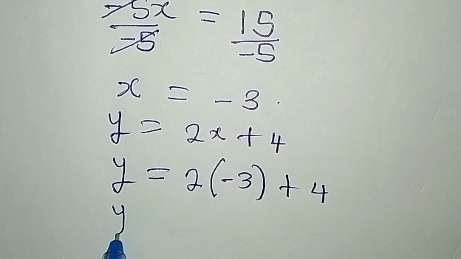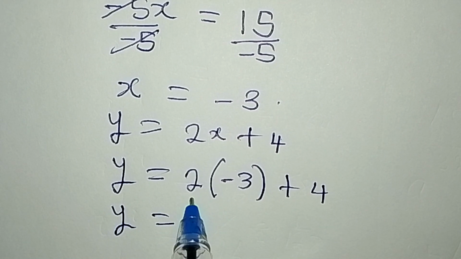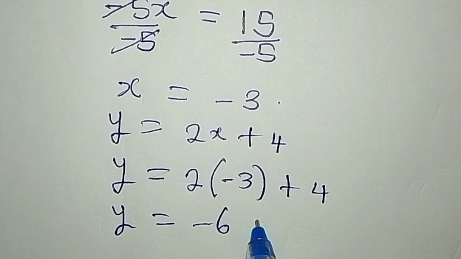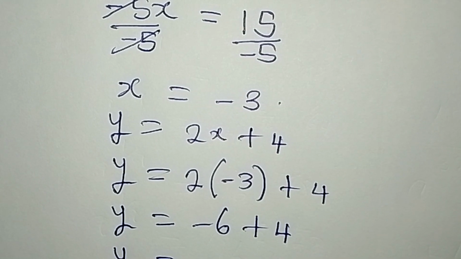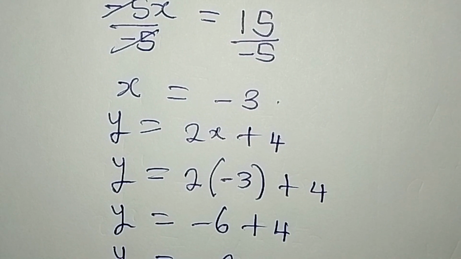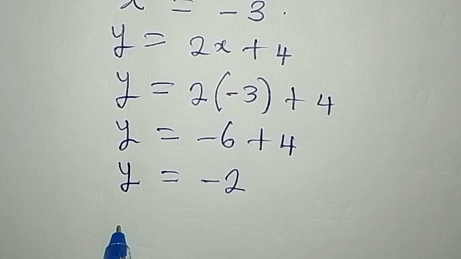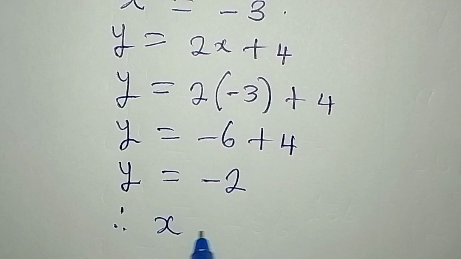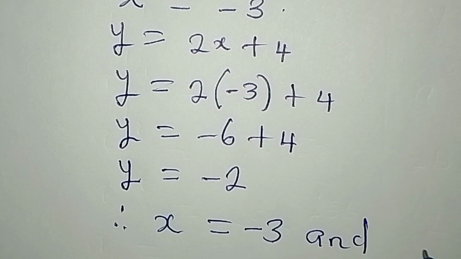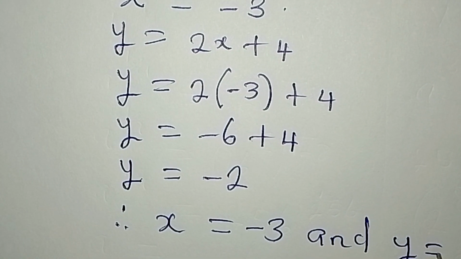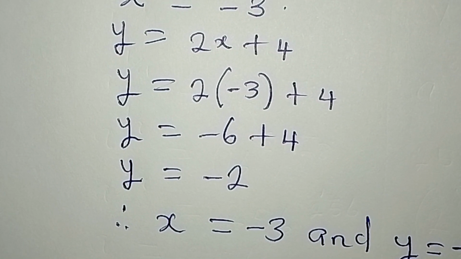So y will be equal to 2 times minus 3 is minus 6, then we have plus 4. This means that y is equal to minus 2. So we are saying that x is equal to minus 3 and y is equal to minus 2.